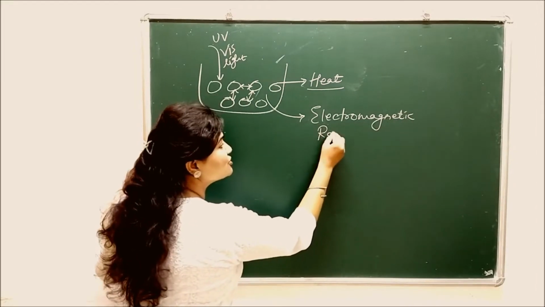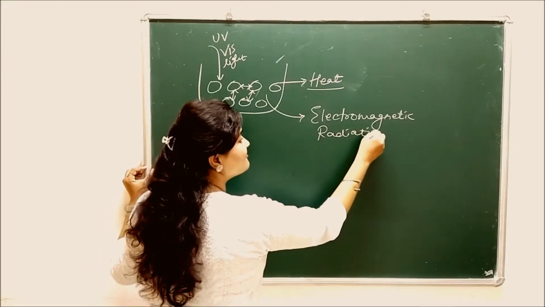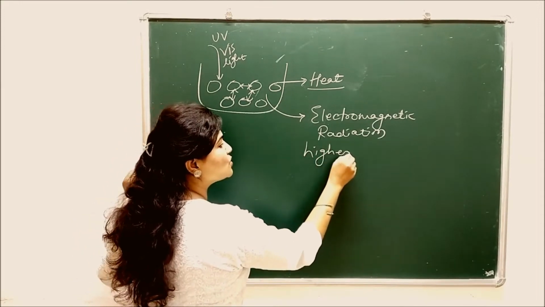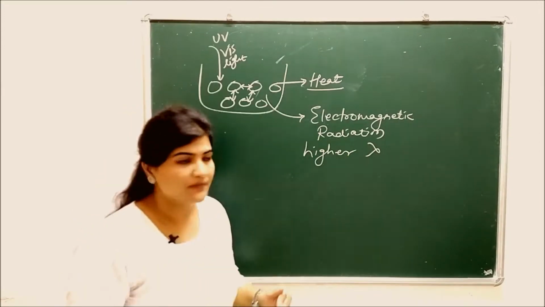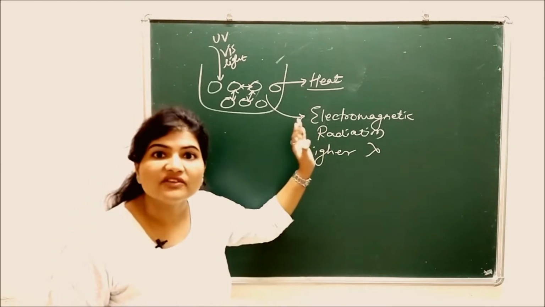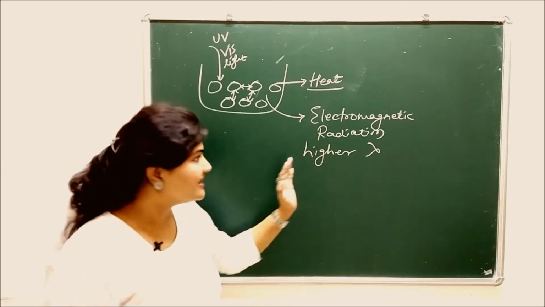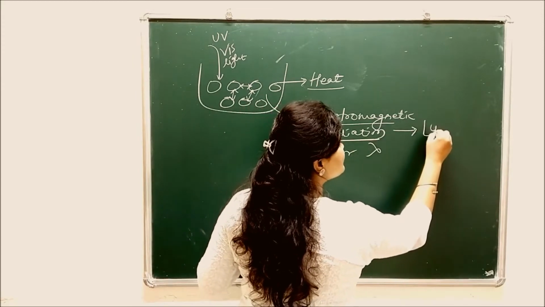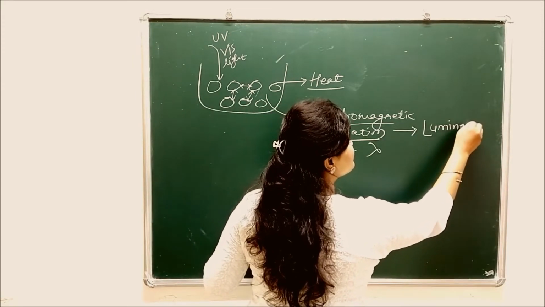Now these electromagnetic radiations will have a higher wavelength than what was absorbed. So this is the process of emitting radiation, and this process of emitting electromagnetic radiation is referred to as luminescence.